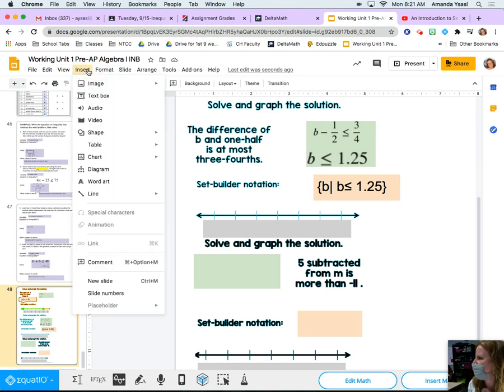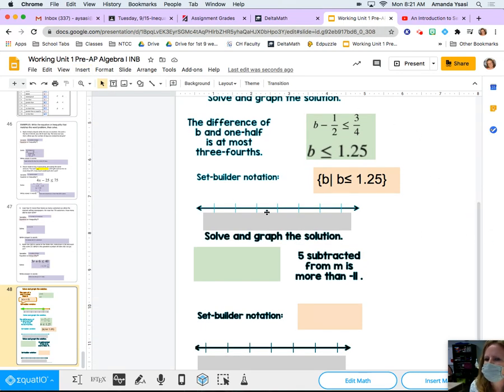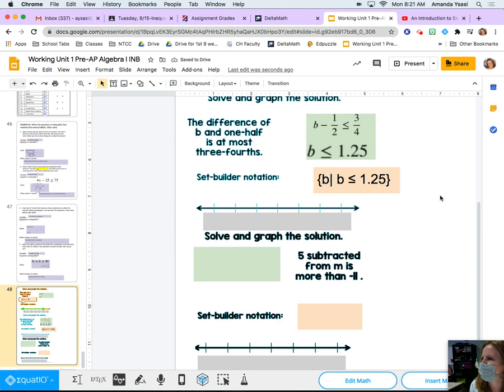Insert symbol special character, or you can use Equatio. Yeah, that's fine too. How do I insert? Do I just click it? Yep. And it should insert right there where you were typing.